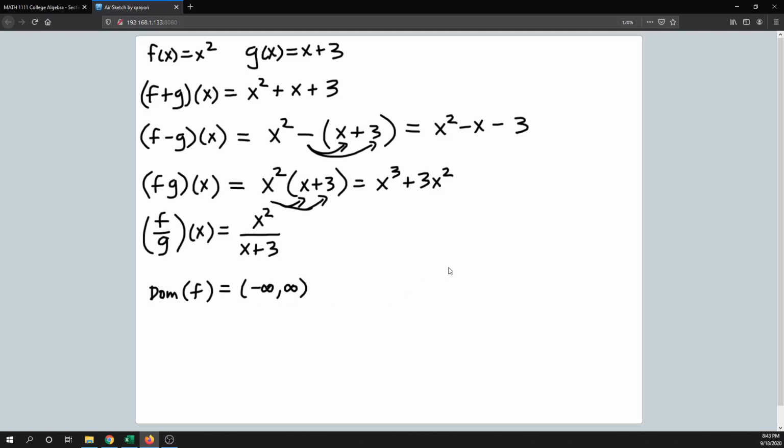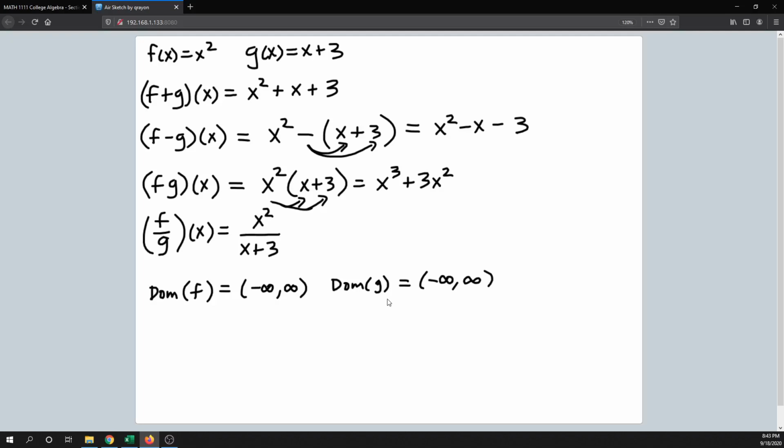You can see it's the same thing for g. g doesn't have either the division by zero problem nor the even root problem. So again, the domain is all real numbers.